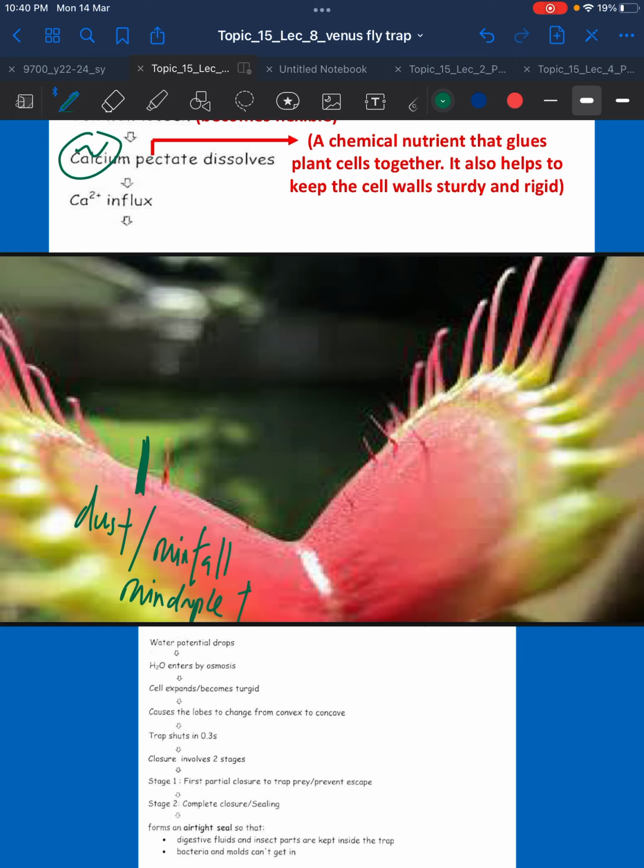Only then can it close, and not just that, even small insects, tiny insects, which are less in terms of nutrients, so the plant may not be interested to digest or to trap those very, very tiny insects.